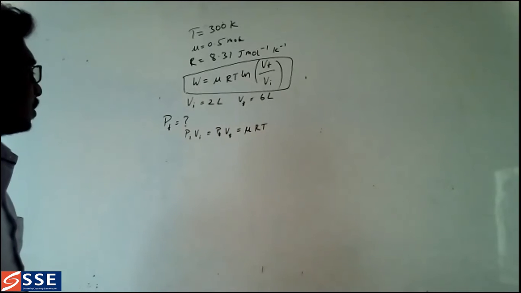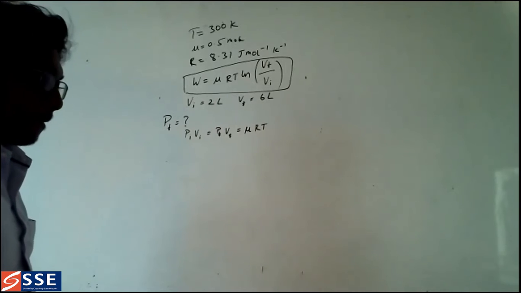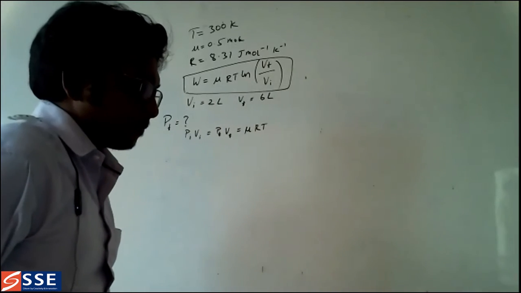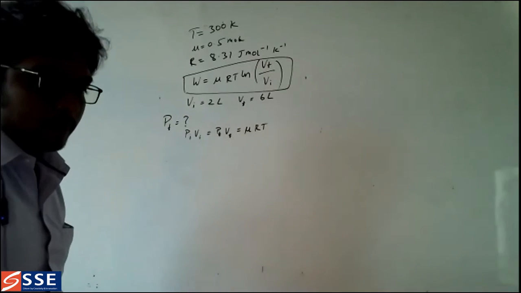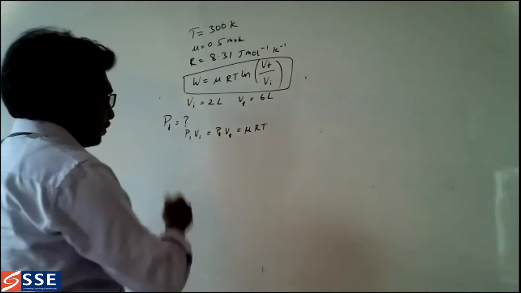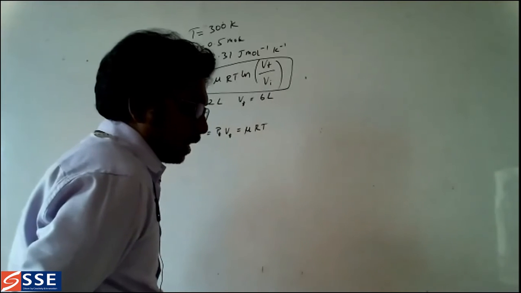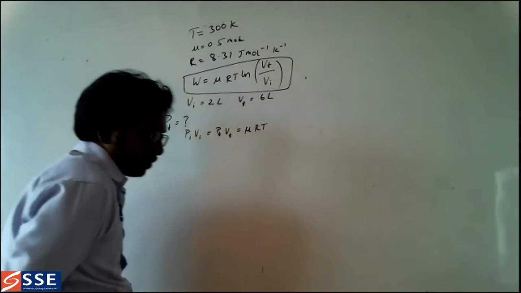So how to find it? What data are we having? We have to make it for Vf, right?